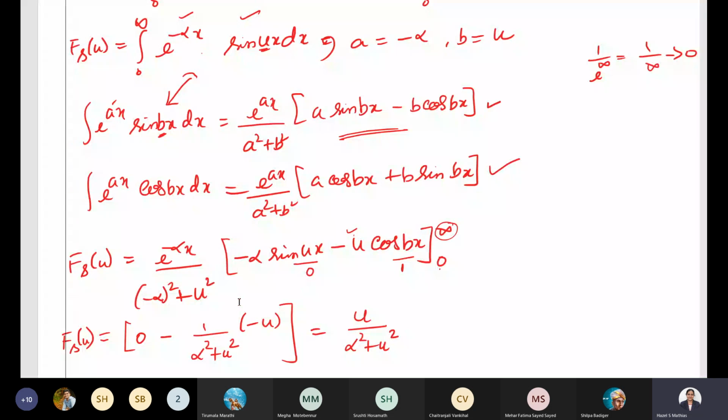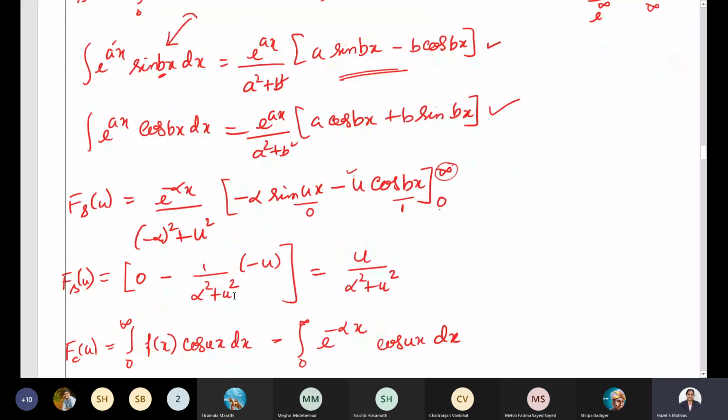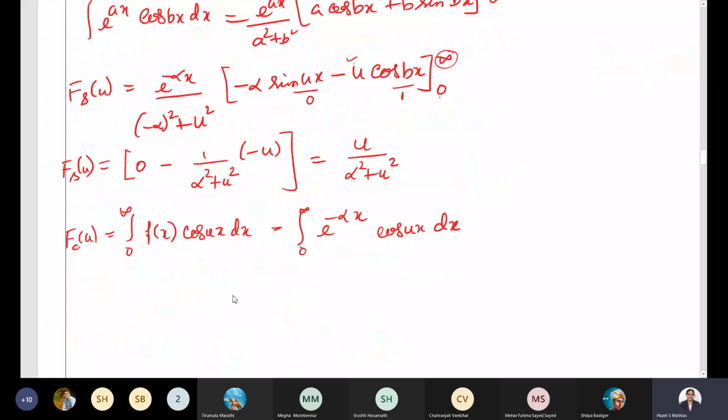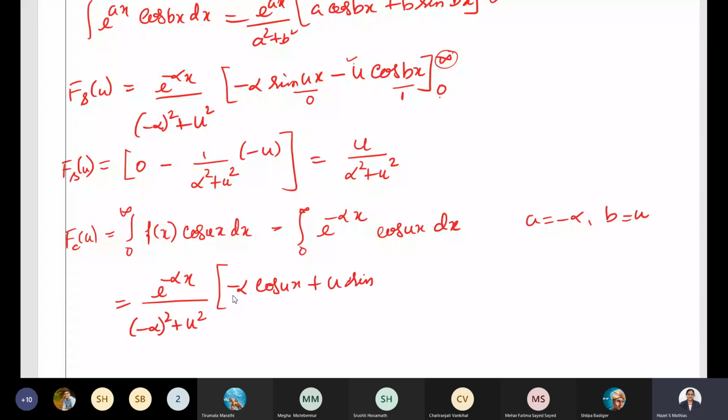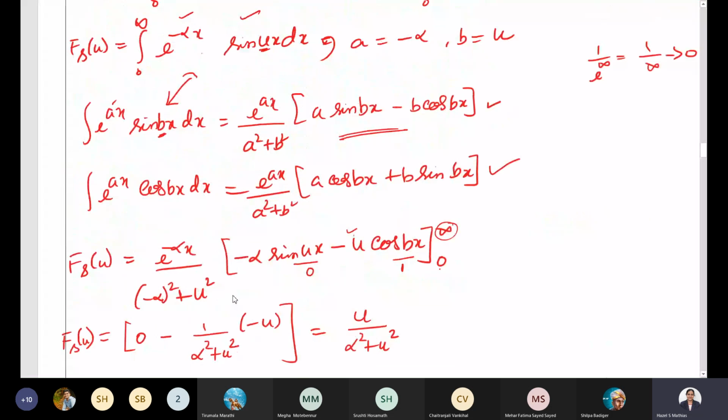A is minus alpha, b is u. So according to that, it's e power minus alpha x divided by a square, that is minus alpha whole square plus b square, that is u square, into minus alpha cos ux plus u sin ux. This is after applying this formula. See this formula: a is replaced by minus alpha, b is replaced by u.